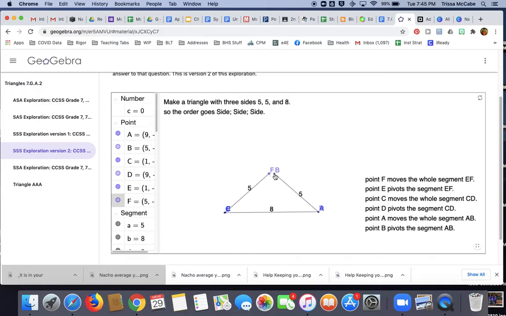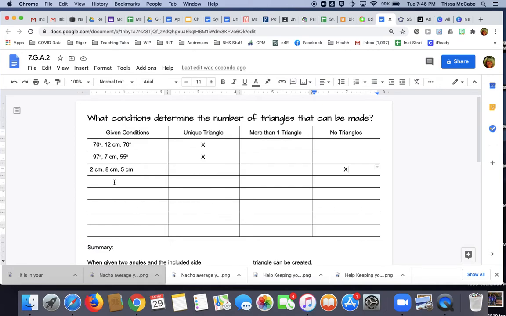Let's see. Oh, this one actually works. So what is the difference between this one working and the other one not? So I had 5 centimeters, 8 centimeters, and 5 centimeters.